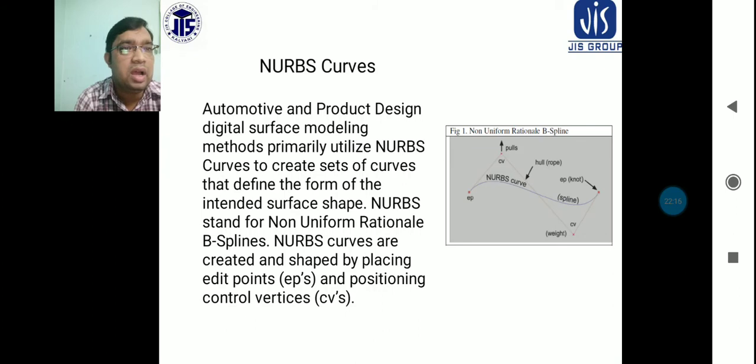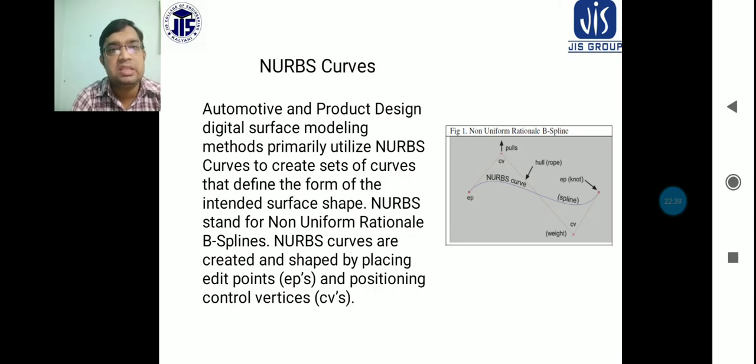The EP is here, the red points, and the directions are here, and the spline is given. This spline is considered according to the non-uniform rational B-spline curve.